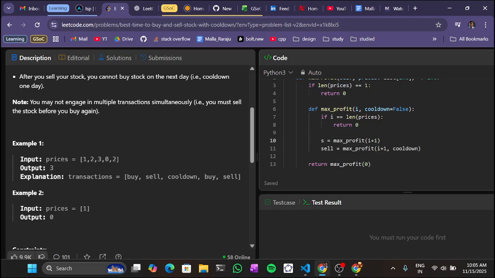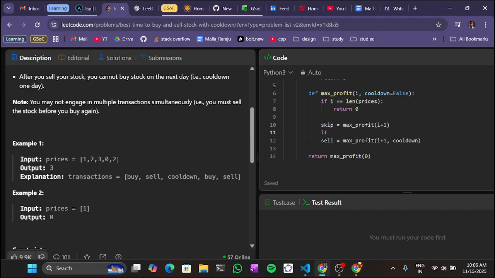Let's keep skip equals to, we are skipping, holding or else.